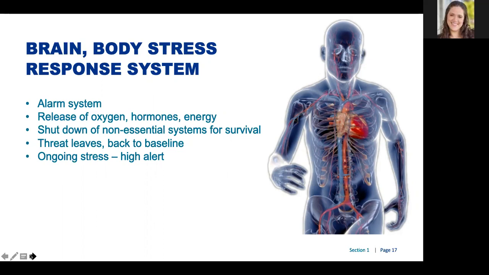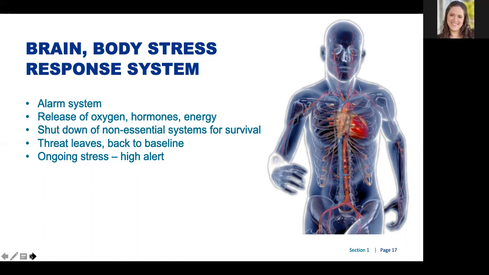So things like digestion and higher order thinking slow, and the limbic system takes precedence, which is the more reactive and emotional part of our brains. And it helps the child to act out quickly to protect themselves. If the danger goes away, the body calms down and goes back to normal operations.